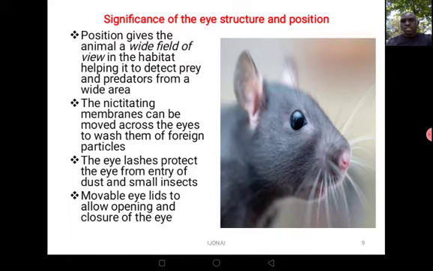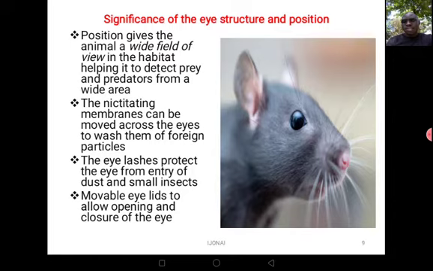Then it has what we call the nictitating membrane, that can be moved across the eyes to wash the foreign particles away from the eyes. So the nictitating membrane is that white, colorless, membranous piece of skin below the eyes that moves upwards to close the eye and to wash it off in case there are foreign bodies falling onto it.